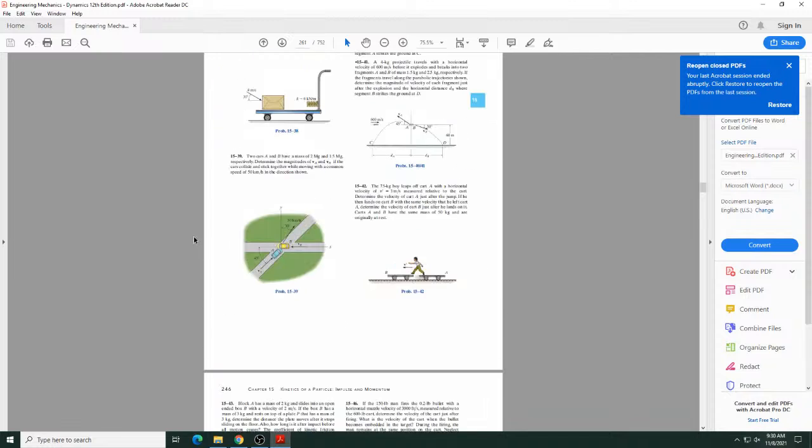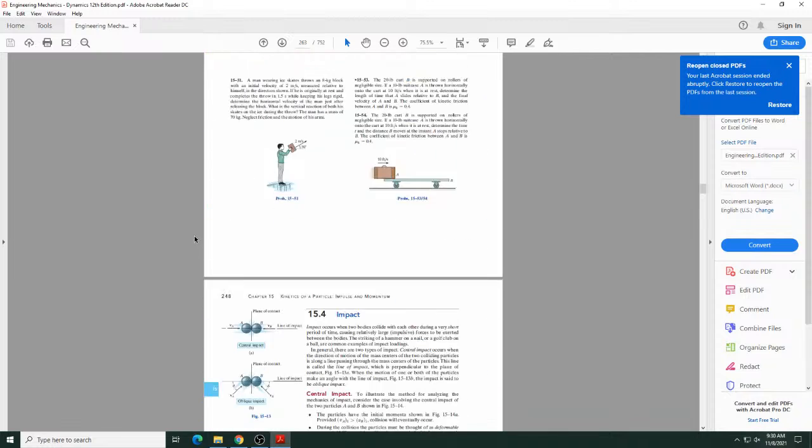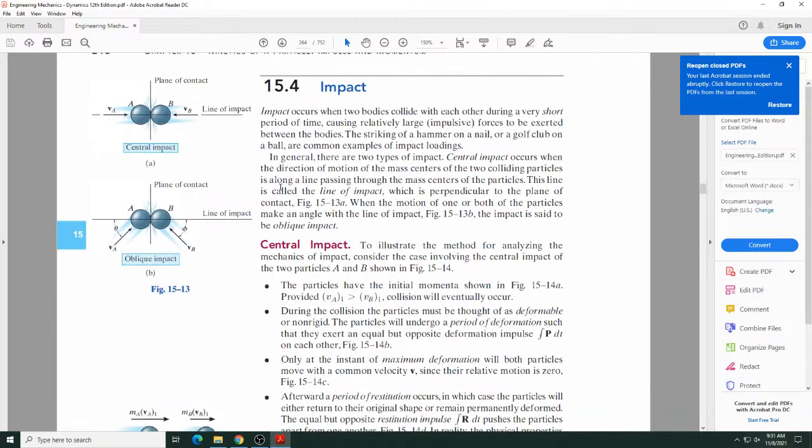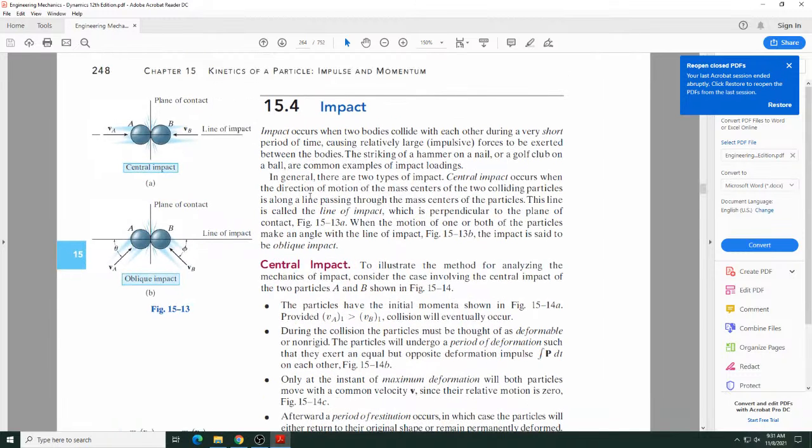So the next thing that happens is, this is just laying things out. We have the possibility of 2 items impacting in such a way that they can move across a plane, much in the same way a pool ball on a pool table does.